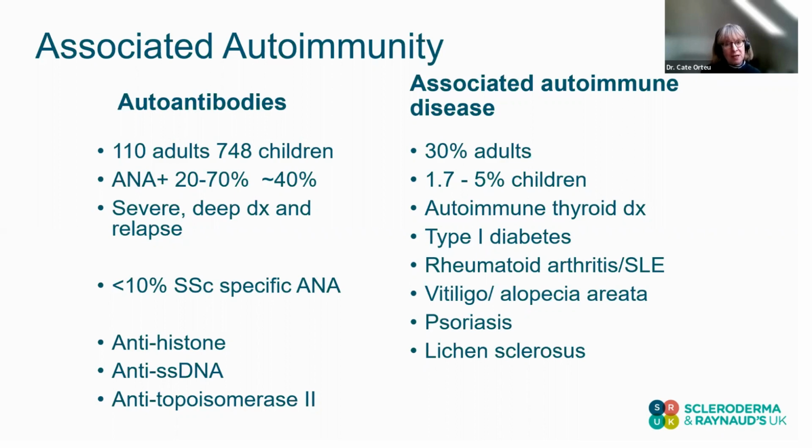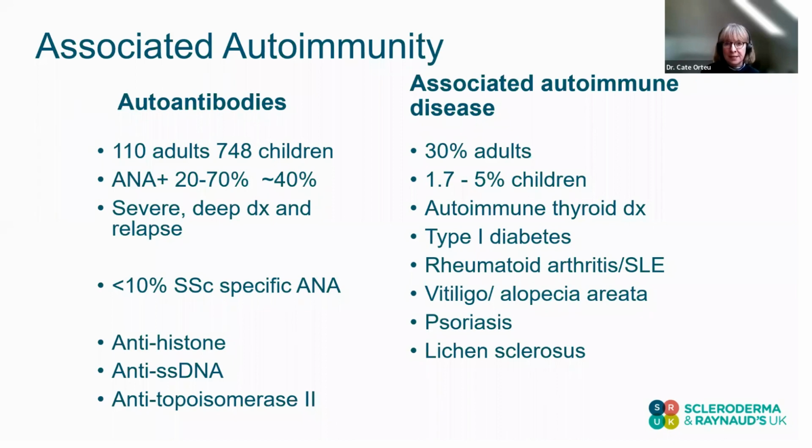In Morphoea, that's not thus far been found to be the case, although there are some studies which are beginning to show that perhaps autoantibodies are a bit more important than we realized, but that is still quite new and evolving. But if we look at just a standard ANA, anti-nuclear antibody, which is a very broad measure of autoimmunity, and it's a non-specific antibody.